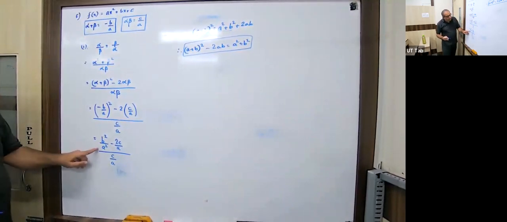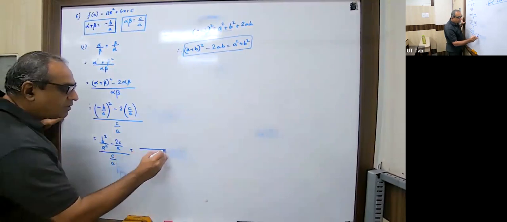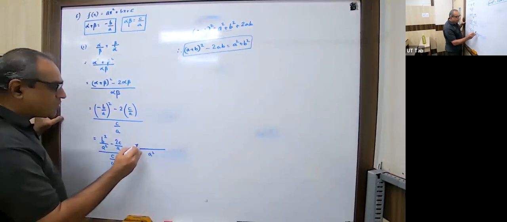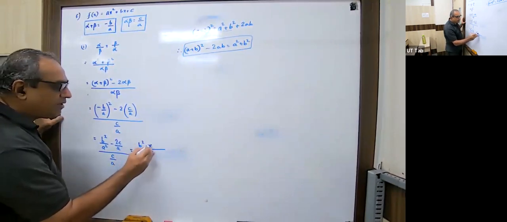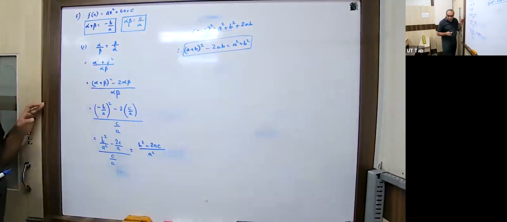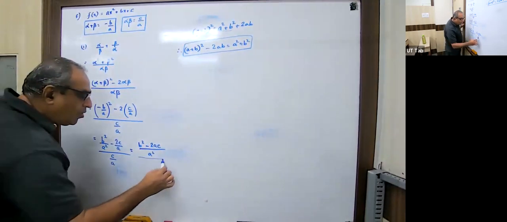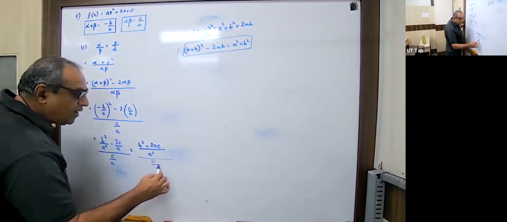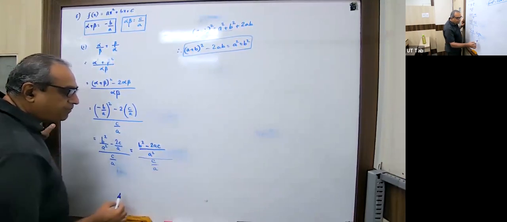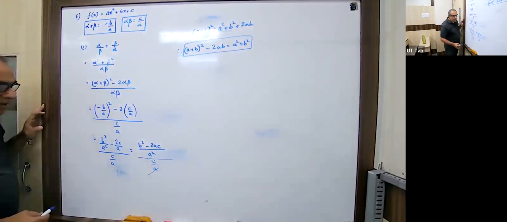In the numerator, my LCM is a squared. So this will become b squared minus 2ac. You all agree? Whole upon c by a. ये a और एक a cancel हो जाएगा.